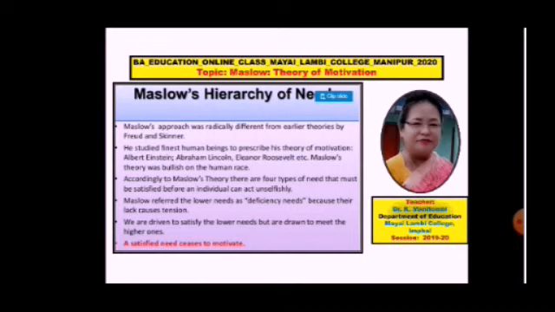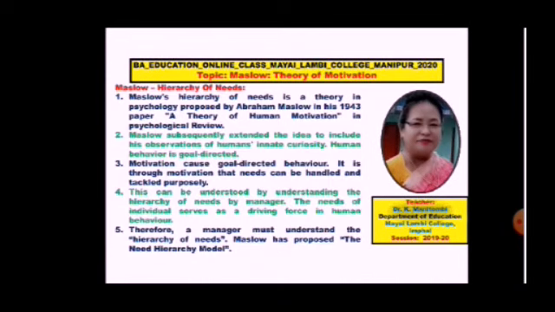Maslow's hierarchy of needs is a theory in psychology proposed by Abraham Maslow in his 1943 paper, A Theory of Human Motivation, in Psychological Review.